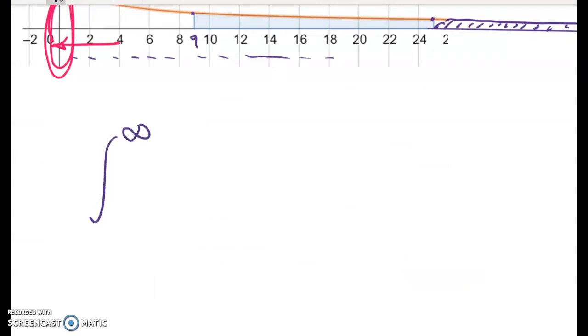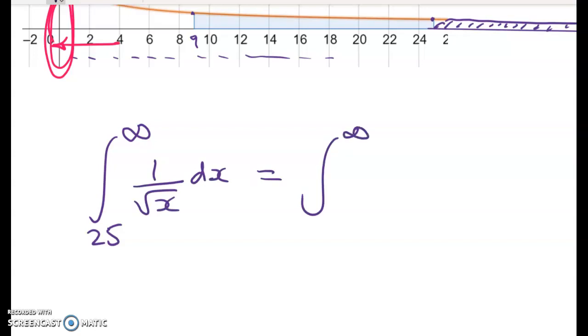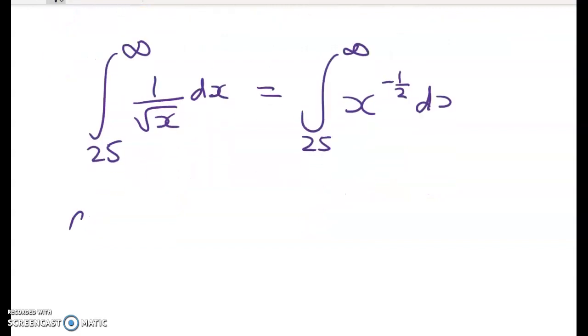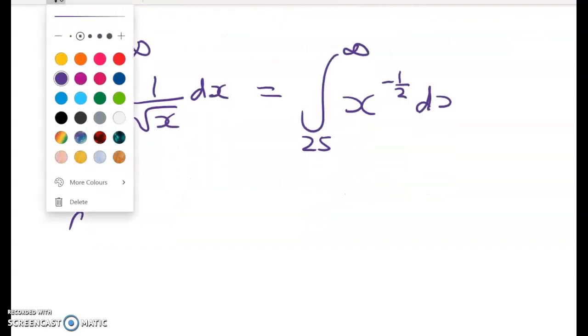We want to find the area under the curve between infinity and 1 over root x dx. So rewriting that straight away as a fractional power, we get this again. So we are going to define this integral as follows.